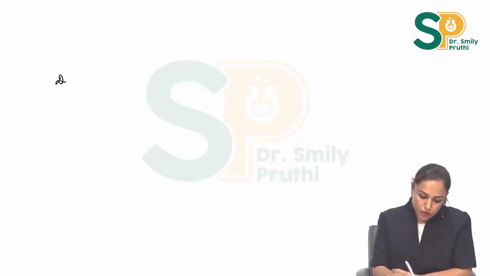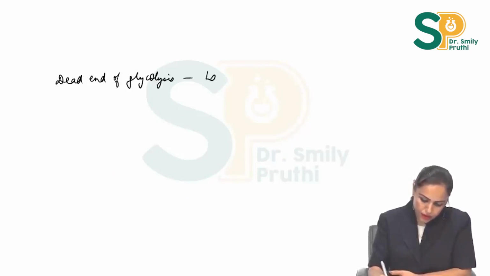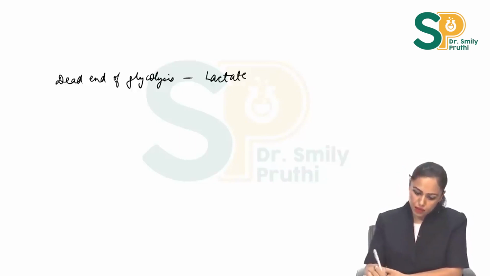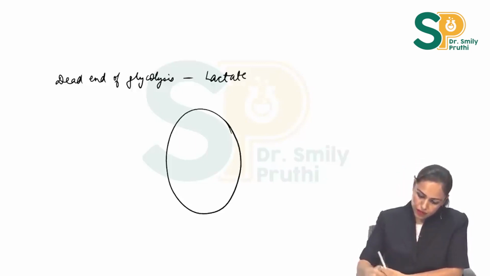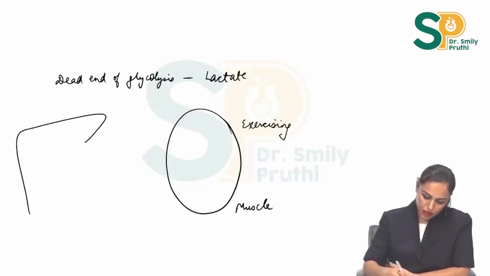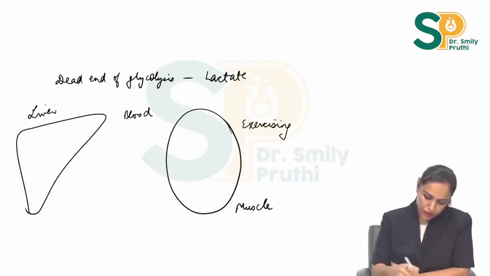Now, if they ask you which molecule is the dead end of glycolysis, I told you the dead end of glycolysis is lactate. What does that mean? Dead end means once lactate is formed, after that nothing can be formed. Let's see the example. Let's say this is muscle and let's say this muscle is an exercising muscle, and let's say this is liver here. In the center, this is blood, right?